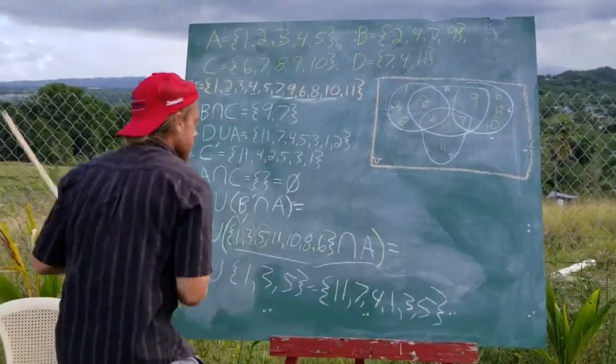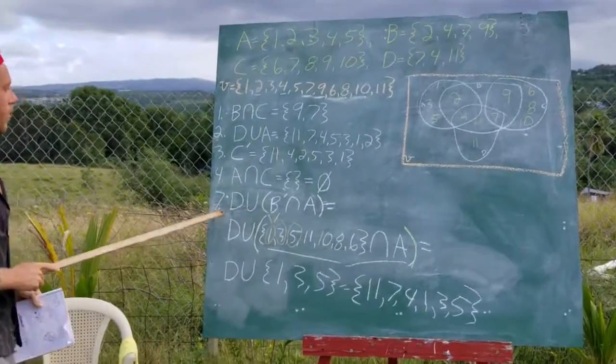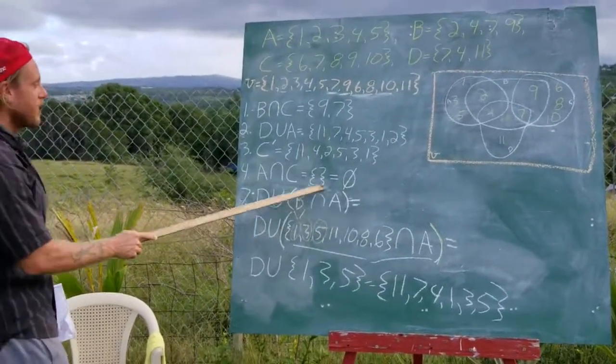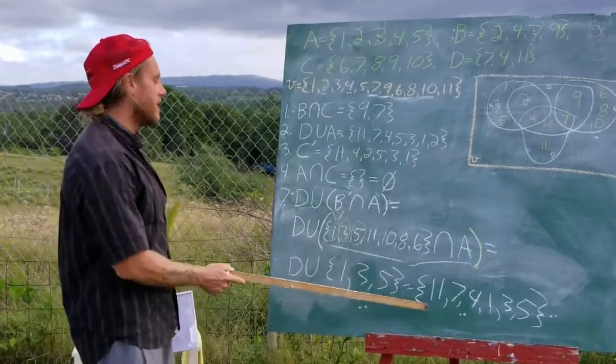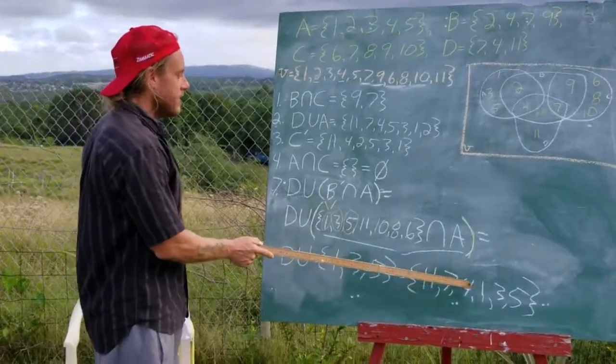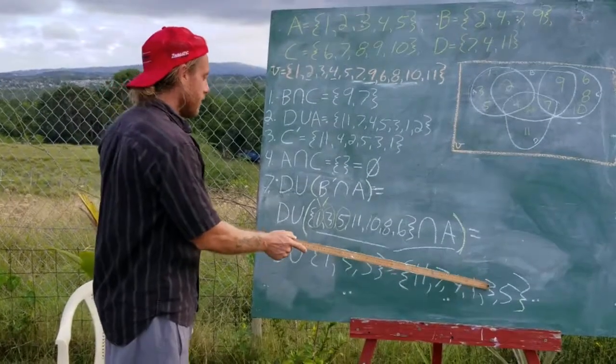All right, so essentially what this whole initial expression describes is the set consisting of the elements 11, 7, 4, 1, 3, and 5.